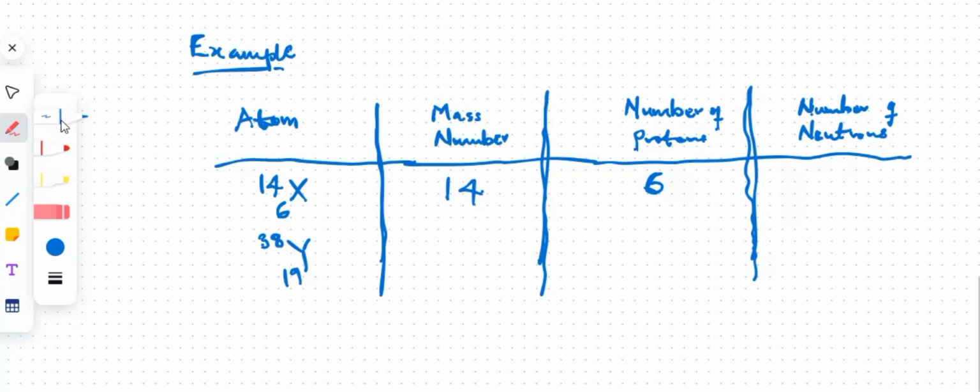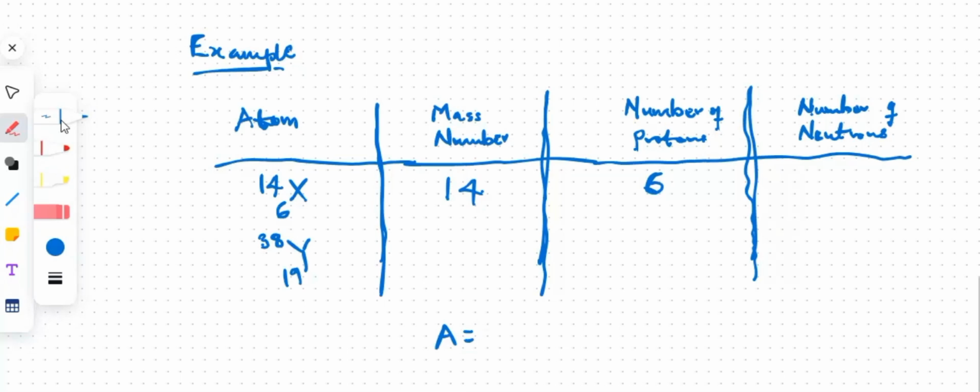Then the number of neutrons. We have already established that your mass number A is equal to the number of protons plus the number of neutrons.